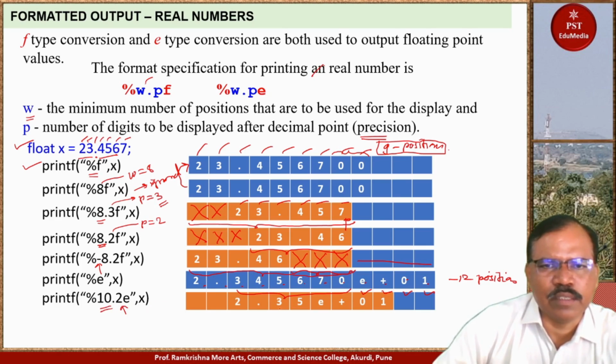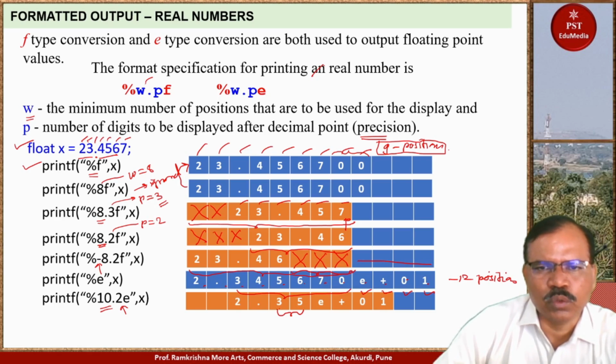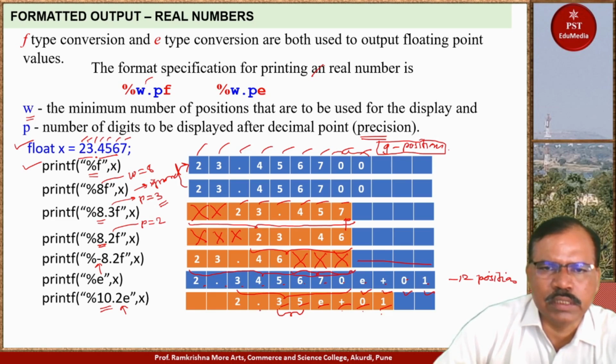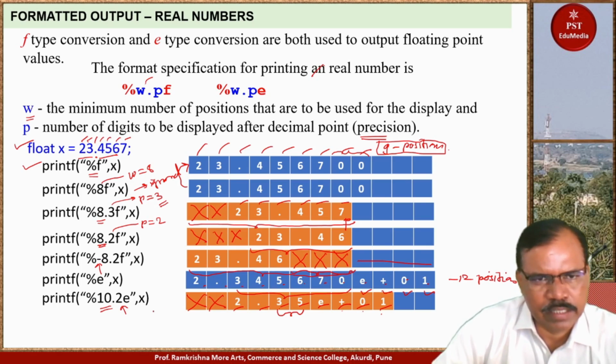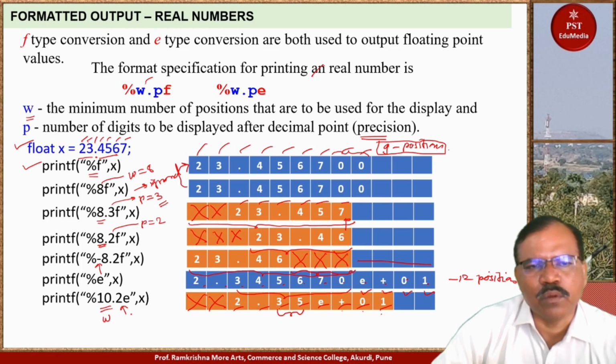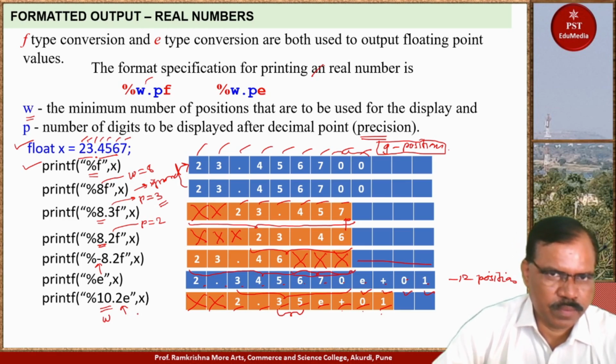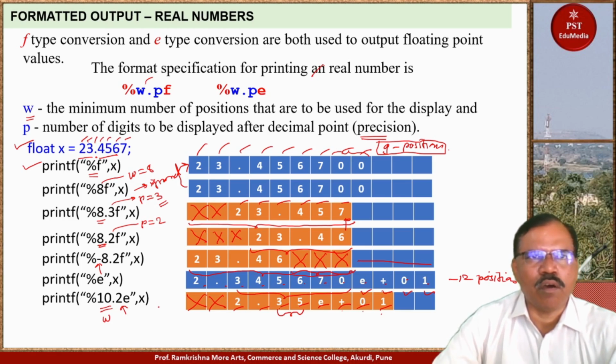This number will take only 2 decimal places, so 2.35 into 10 raised to 1, that is 2.35e+01. So 1, 2, 3, 4, 5, 6, 7, 8 places are used, and the first 2 positions remain vacant, because the width is 10 and only 8 is required. In this way you can format output for real numbers also.